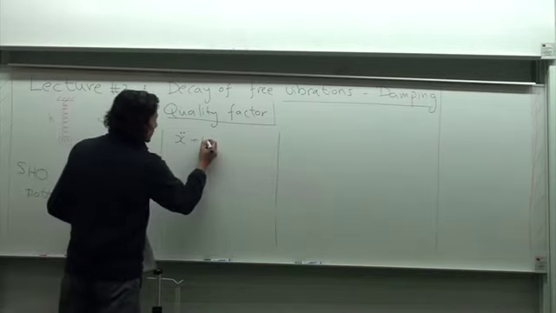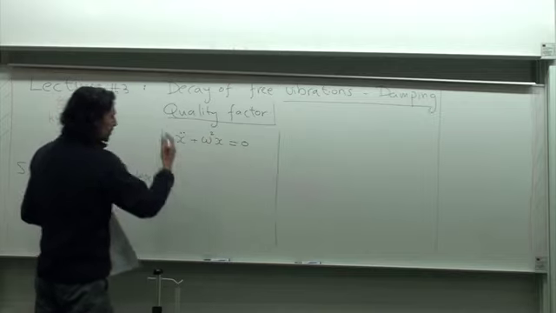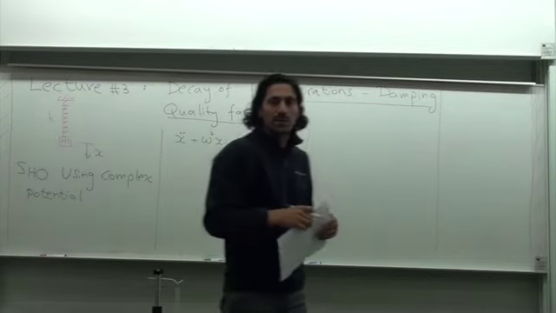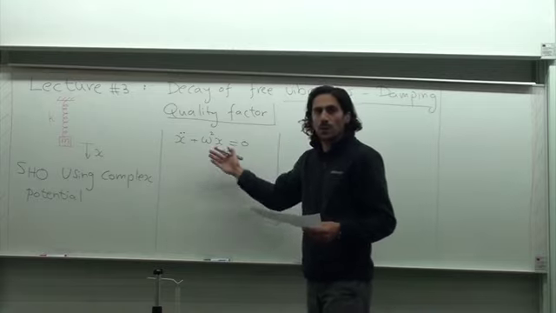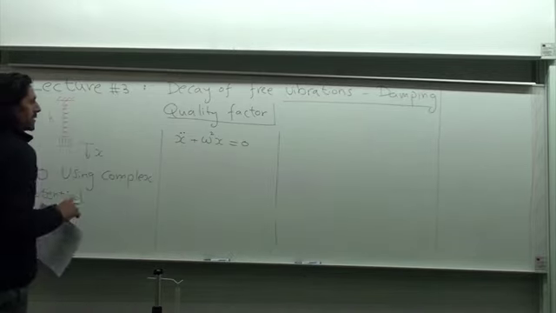So we look at x double dot plus omega squared times x equals 0. You know what omega is for this system, but you can also think of other systems, and for each simple harmonic oscillator you would have a different omega.